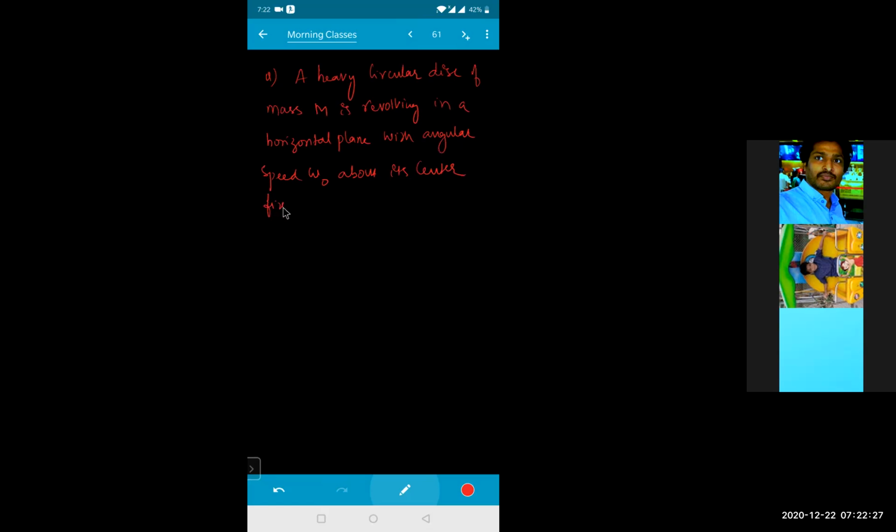This is a big topic, and the problems in it are quite big, so concentrate a lot. An insect of mass m walks from the center to the edge and then flies away.